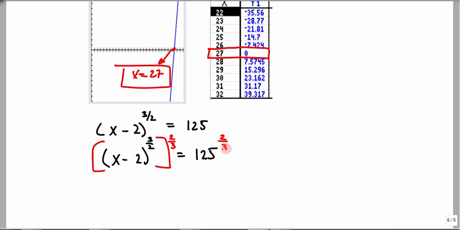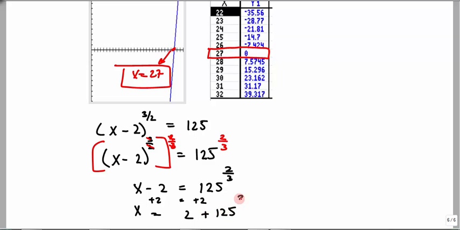So I raise both sides to the 2/3 power. These cancel. I'm left with x minus 2 equals 125 to the 2/3. Okay, so if I add 2 to both sides, I have x equal 2 plus 125 to the 2/3.